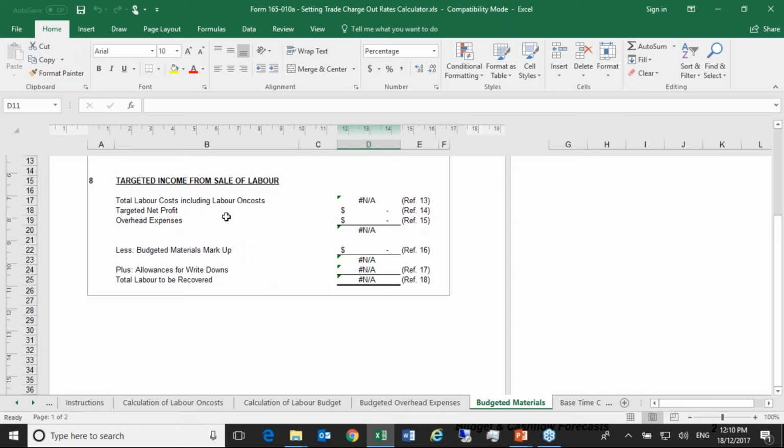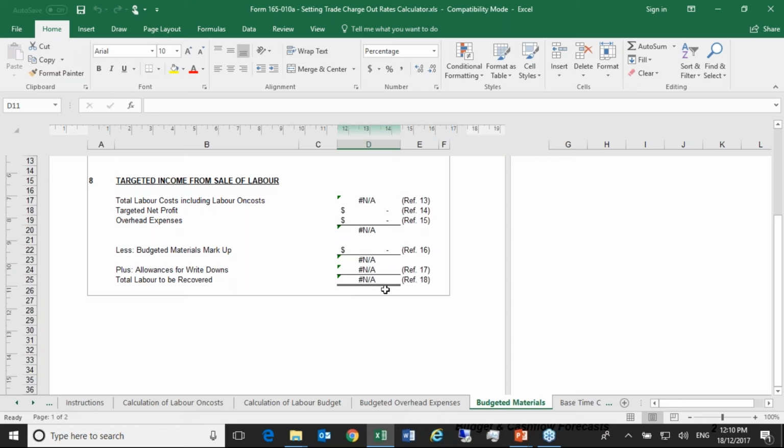And we've then deducted the benefit we're going to get from the materials markup, allowances for any write-downs or write-ups, to get the total labour to be recovered from the charge-out rates by the individual employees in the year.